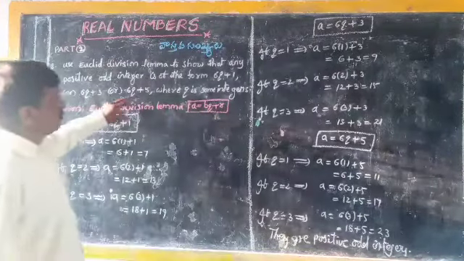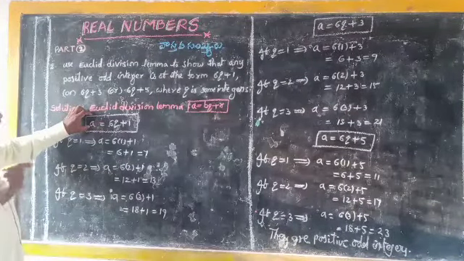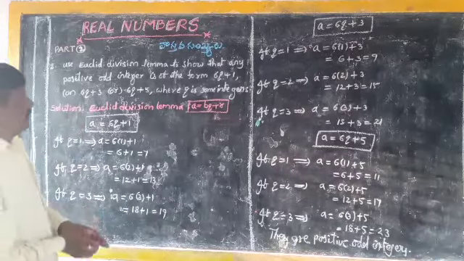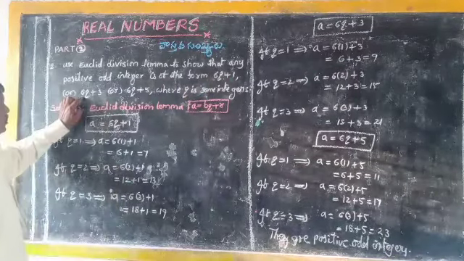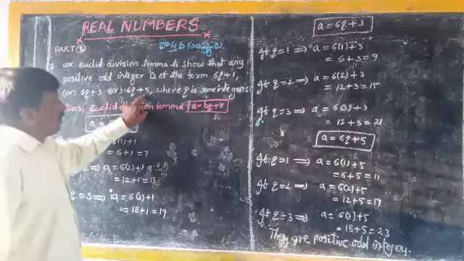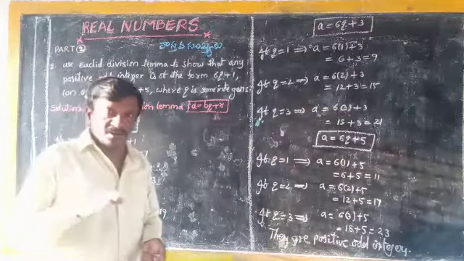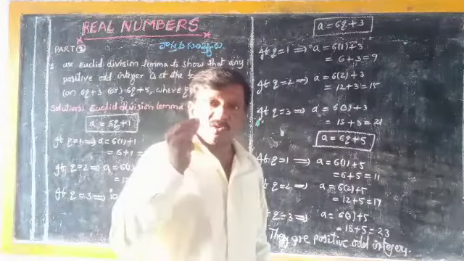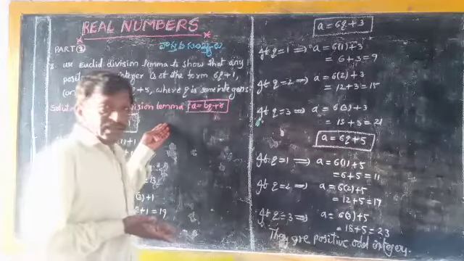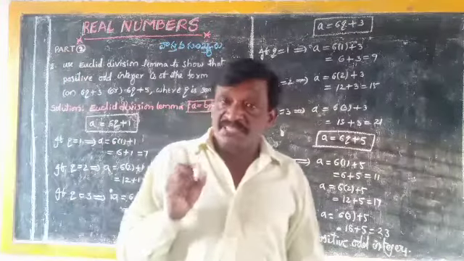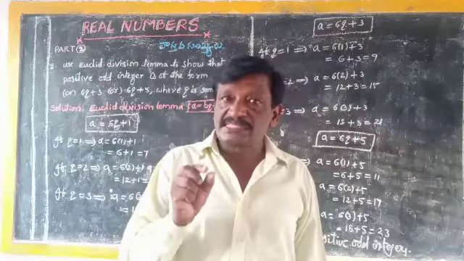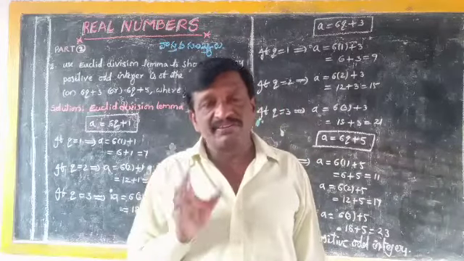So the equation is solved. Also, when 6q plus 1, 6q plus 3, 6q plus 5 are divided by 2, the remainder is 1, so they are odd numbers. You know from number system part 1, what is odd, what is even?